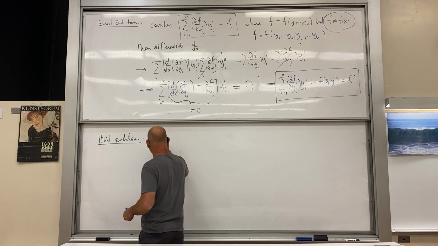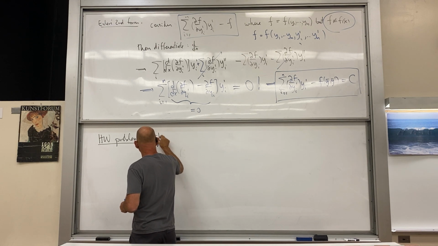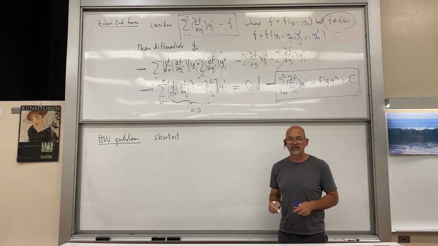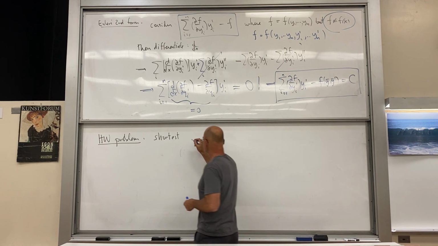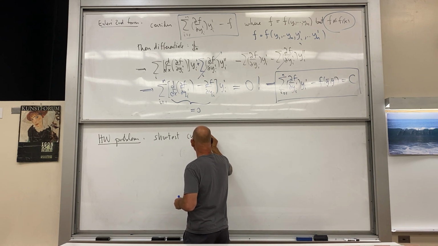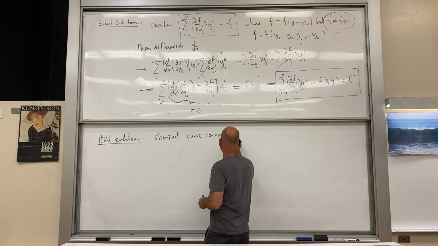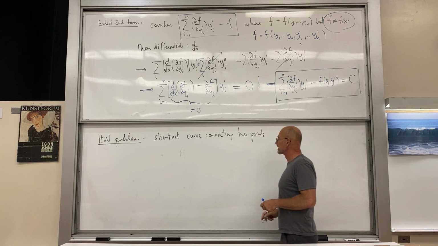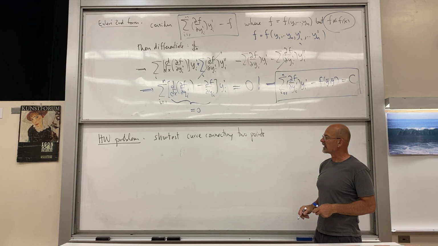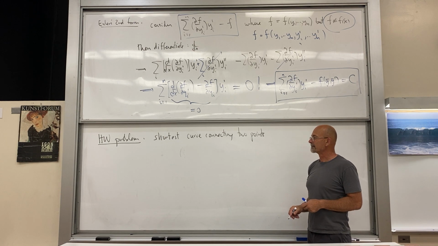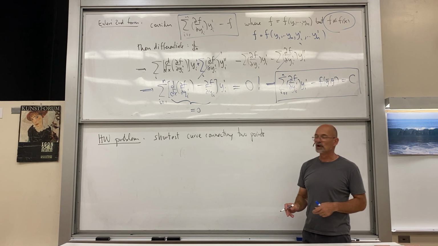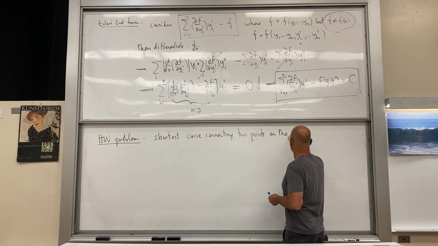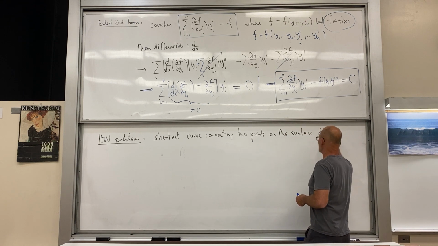Let's say the shortest curve connecting two points on the surface of a cylinder. This is one that's actually really great because if you're clever about it, you can just solve it by pure thought alone. But we're going to go through the formalism. Take 2 points on the surface of a cylinder.